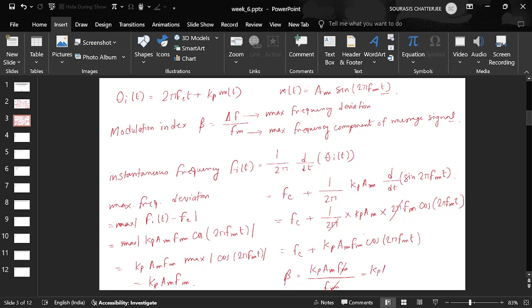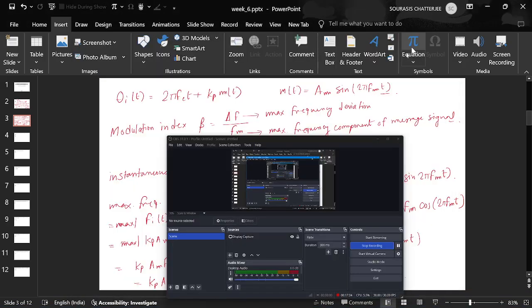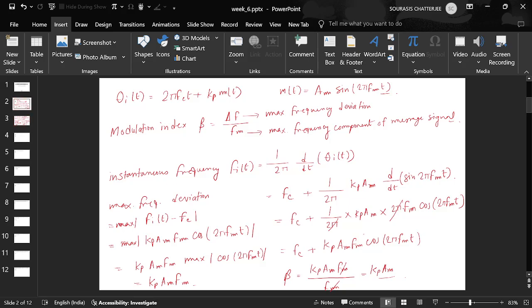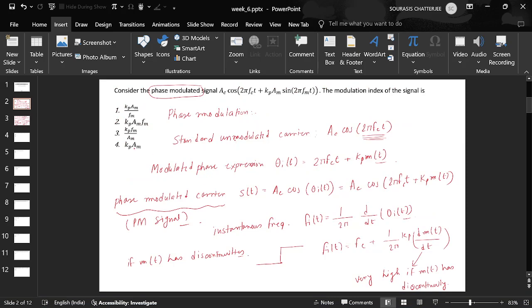We obtain kp Am as the modulation index of the phase modulated signal. So let us check which of the answers matches. The fourth one is the one which is matching, which is kp Am. This is our answer.